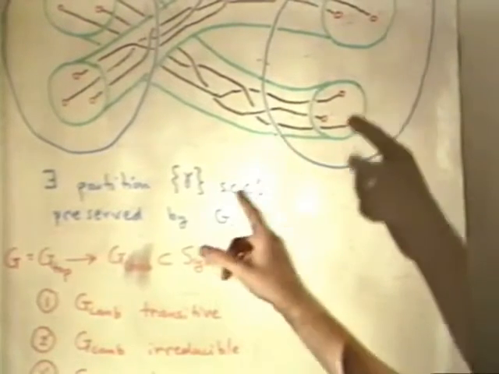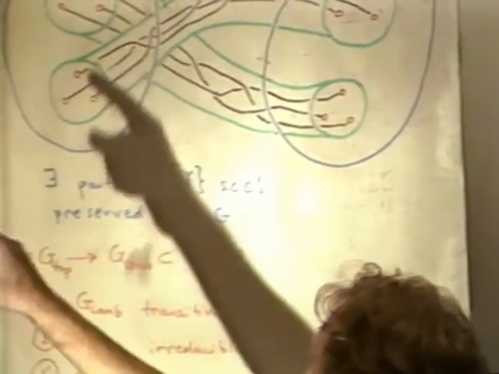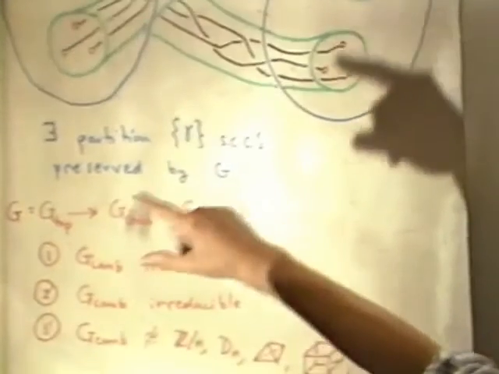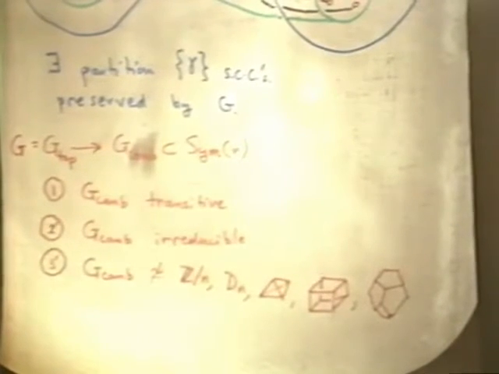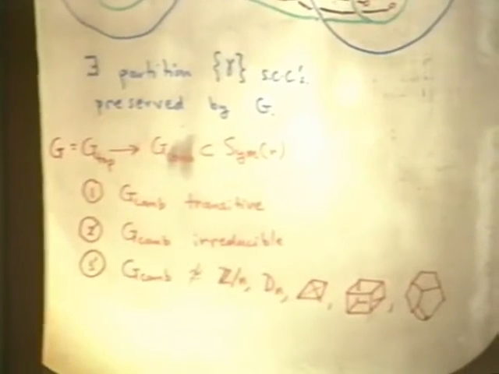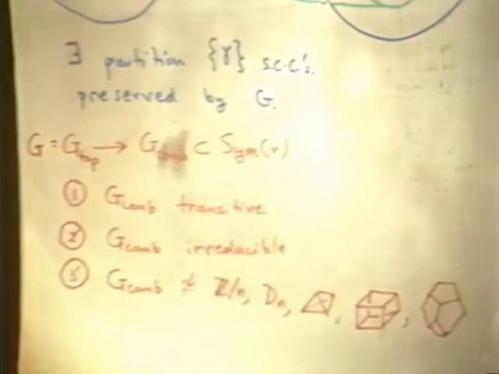They may be permuted, but as a set, they come back to themselves. This set of two simple closed curves comes back to itself after going along the braid. And so this gives a reduction of this particular braid. And I say the whole group is reducible if there exists a system of simple closed curves like this which is preserved by the entire group, by every element of the group.